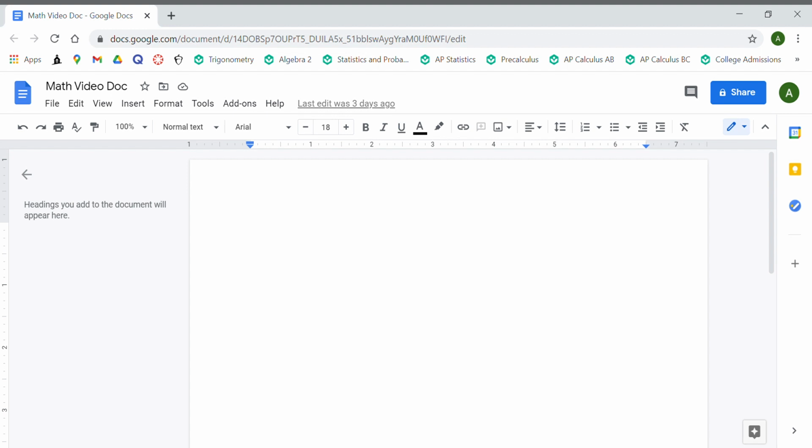Therefore, we learned the substitution method, which means if you need to solve for a variable, you put it by itself, and then we have the other variable on the other side of the equation.